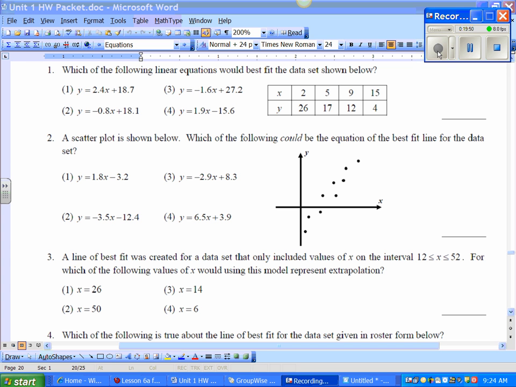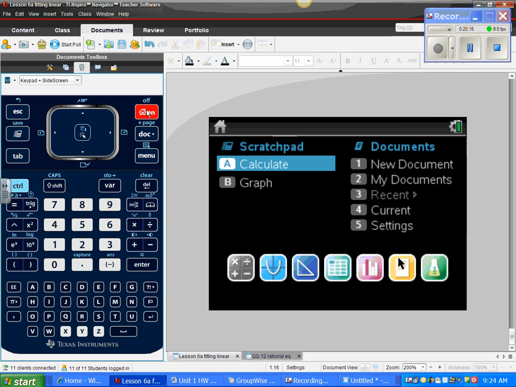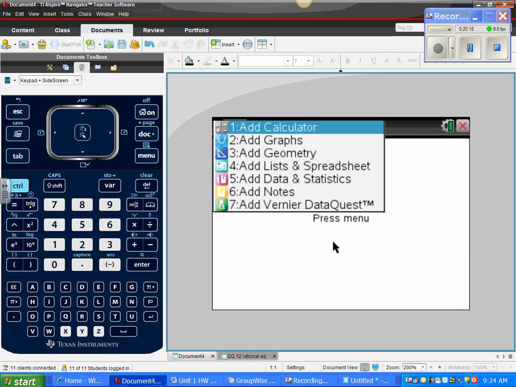So save whatever you have on your calculator by hitting Control-S. Go home and add a new document. Okay, so what is it that I'm going to insert here?